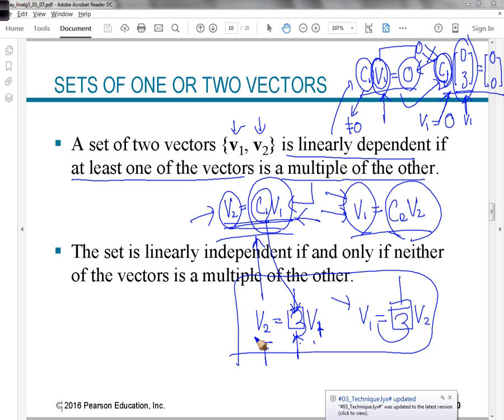Because we can find at least one relationship such that one of our vectors is represented as a linear combination of the others. So if we can find at least one case like this, it's enough to say the set of these 3 vectors is linearly dependent. Okay?